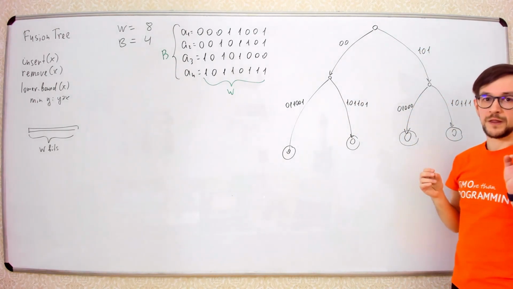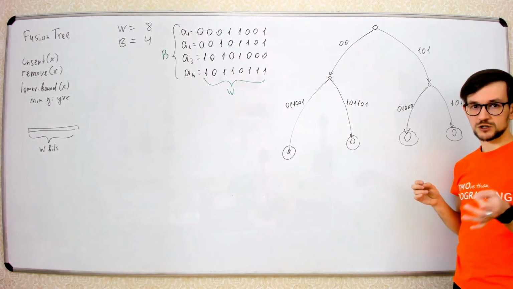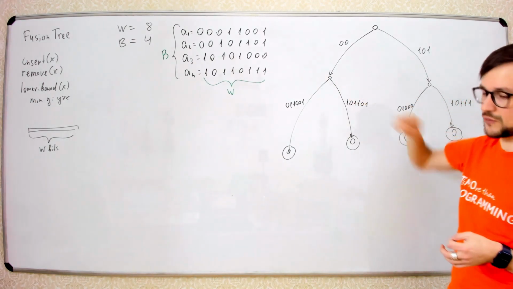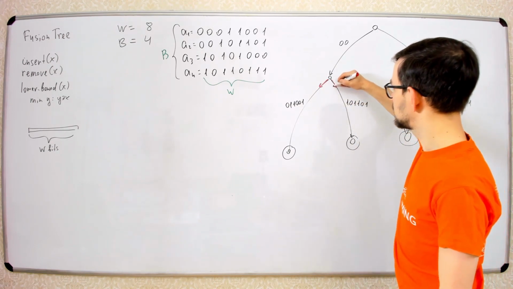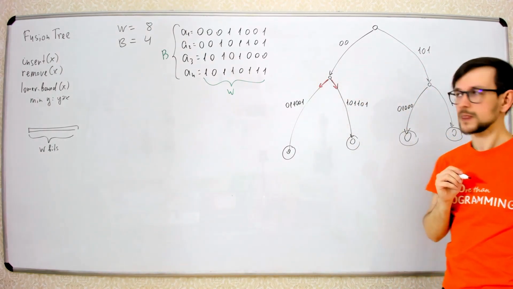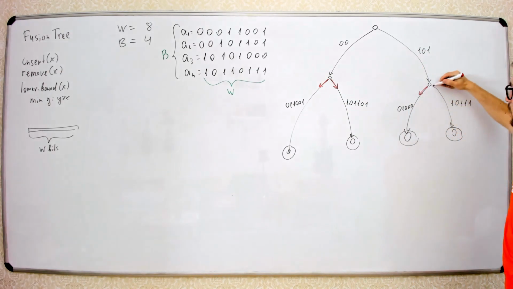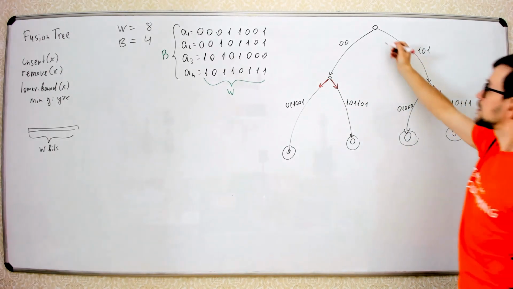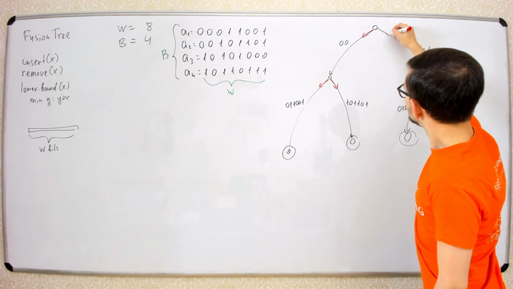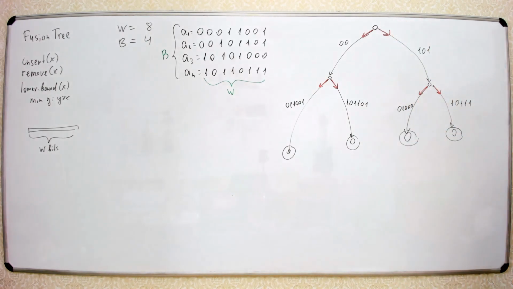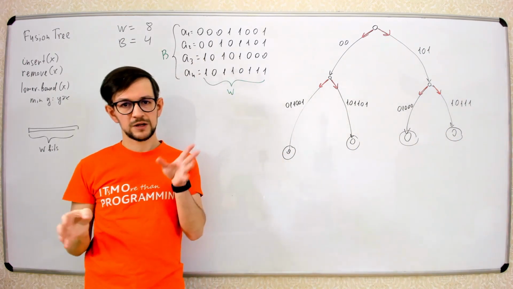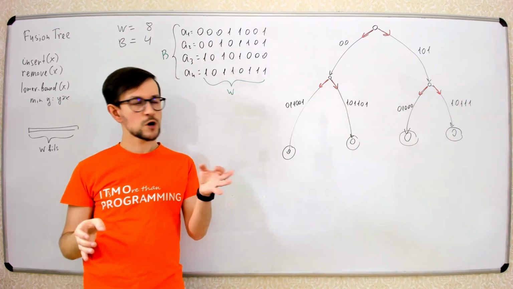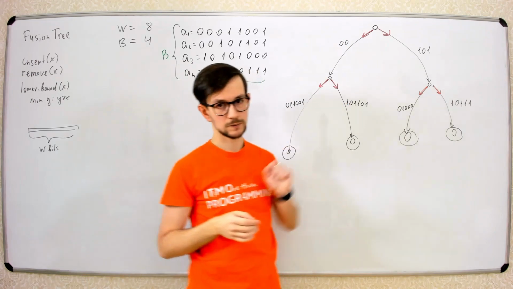The only important spots in this trie are the spots where you have two branches. Here you need to select which way to go, and here, and here. When you follow some path in this trie, you actually have a choice only in these points.